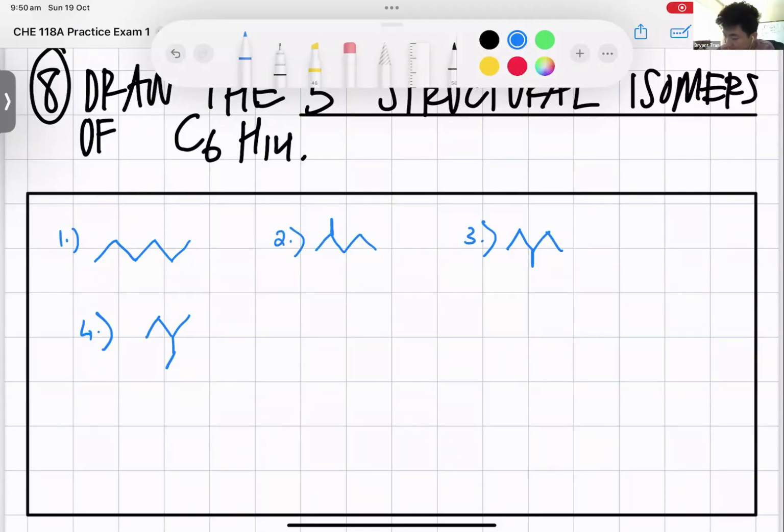1, 2, 3, 4, 5, 6. Oh yeah, that works too. Nice. 1, 2, 3, 4, 5, 6.